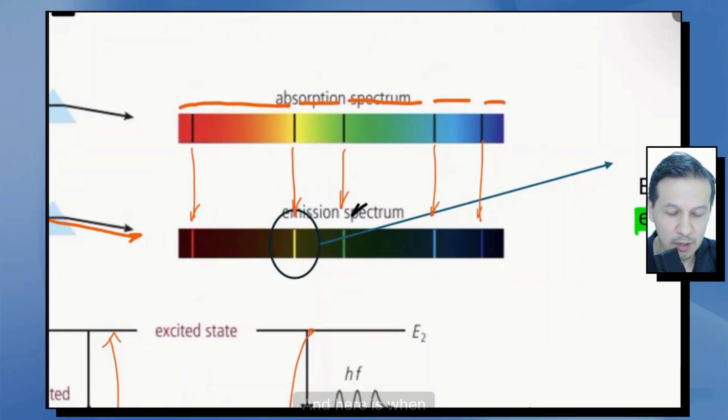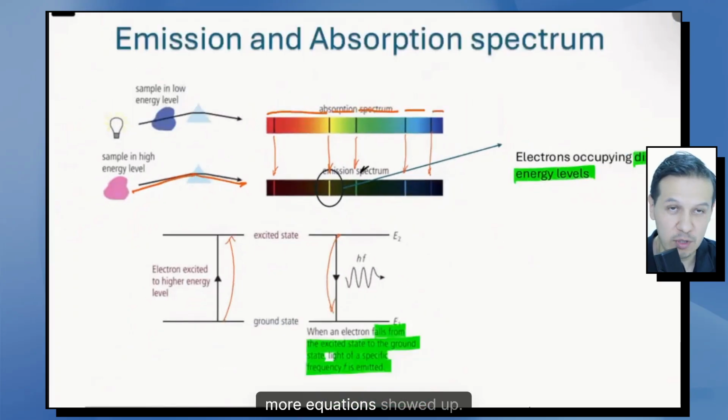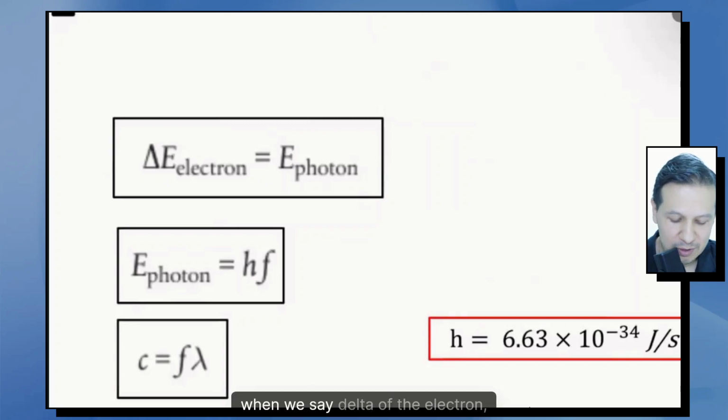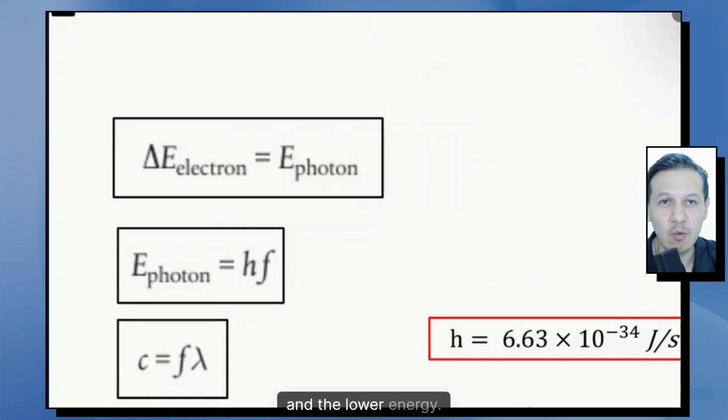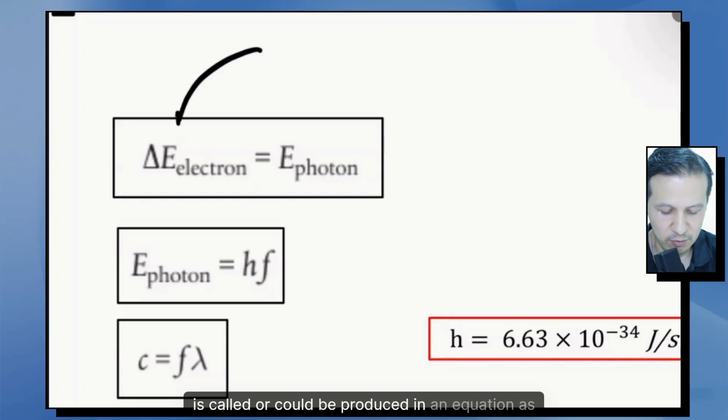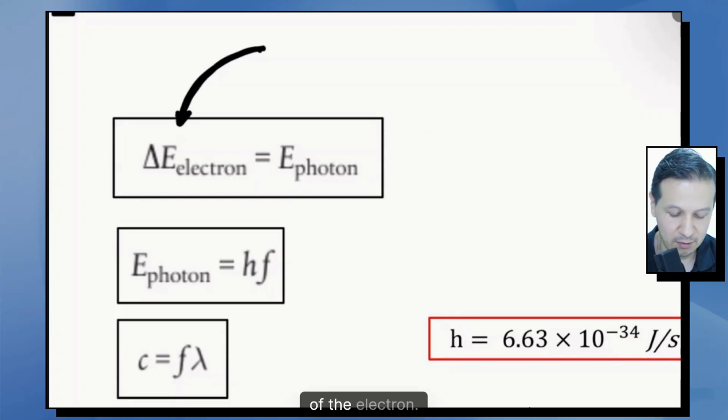And here is when more equations show up. Here we have that the delta of the electron is the difference between the higher and the lower energy. So when the electron was excited, it gets to a highest point, and then when the electron is falling down, it gets to a different energy level. This jump, or this falling down, can be expressed in an equation as the delta energy of the electron, which equals the energy of the photon.